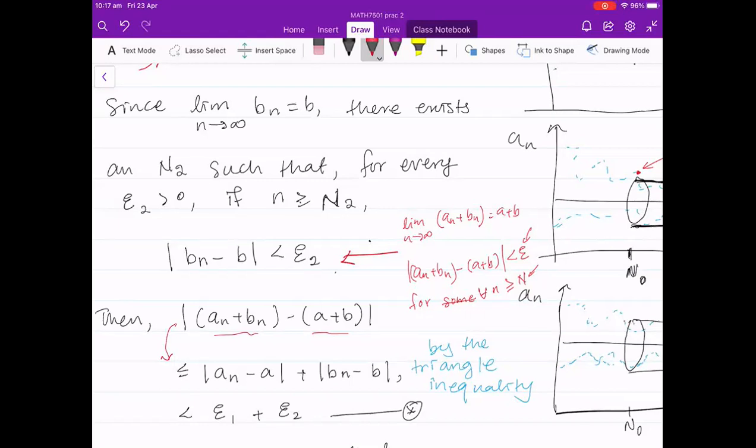Some E1 and E2, yeah. But can you really choose E1 and E2 so that the sum is the epsilon? Ashish?